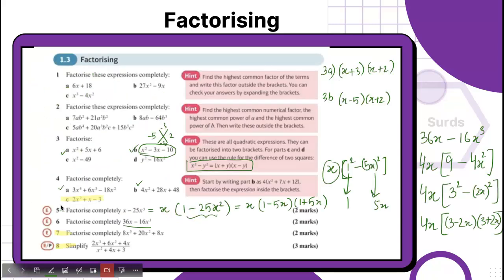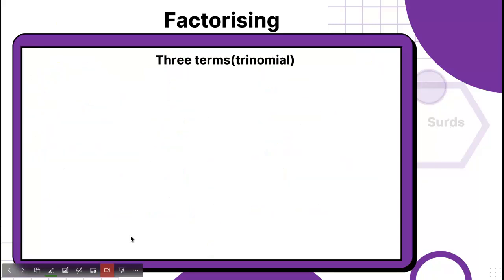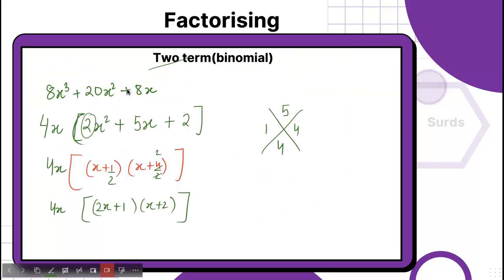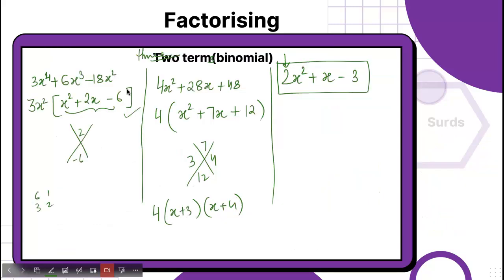We have another question here. Simplifying, like you have two expressions, 2x cubed plus 6x squared plus 4x over x squared plus 4x plus 3.